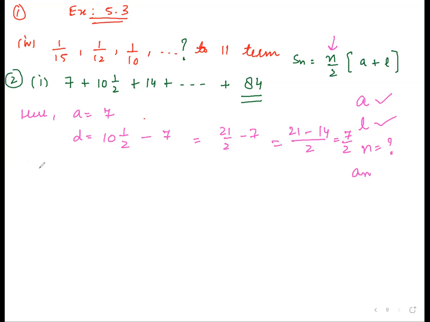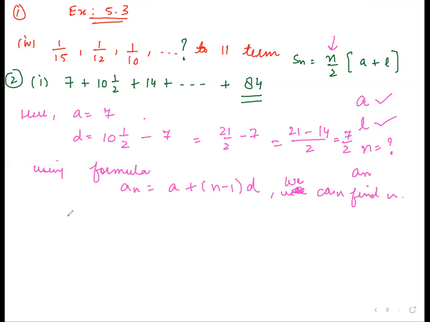Now, using the formula, the nth term an is equal to a plus (n minus 1) into d. We can find n, right? Here an, the last term, is 84.